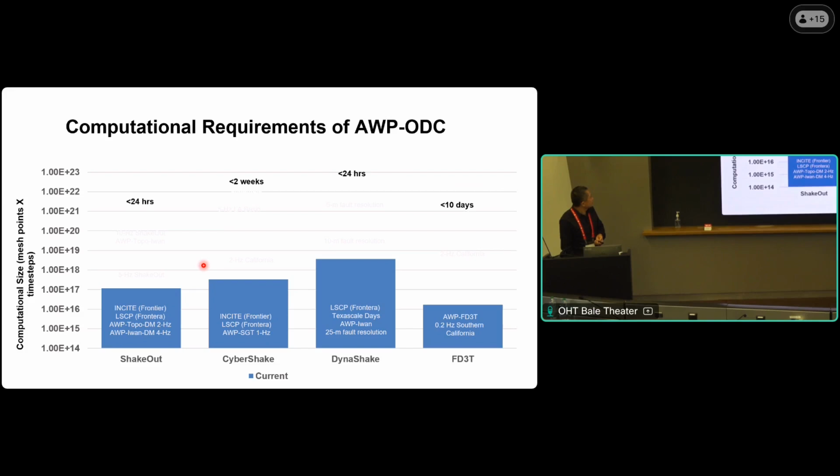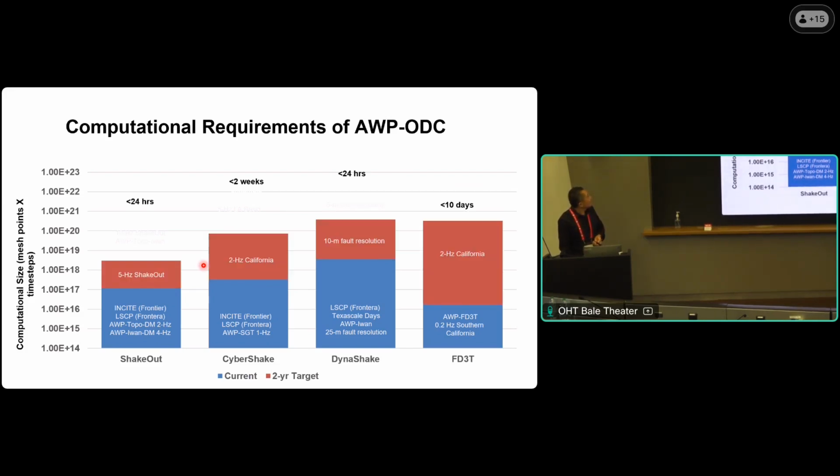Over the last decade, we have increased this requirement by 4 orders of magnitude. For the next 2 years, looking at the INCITE allocation and also the TACC LRAC allocation, we want to move one order of magnitude further. The ShakeOut and the SubShake both use the GPU code.